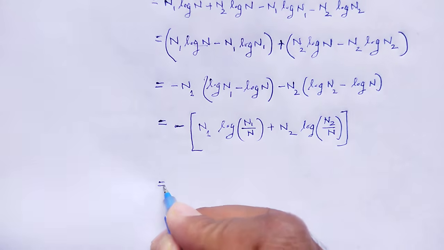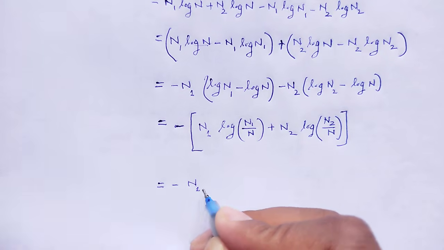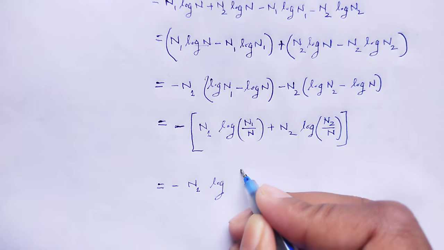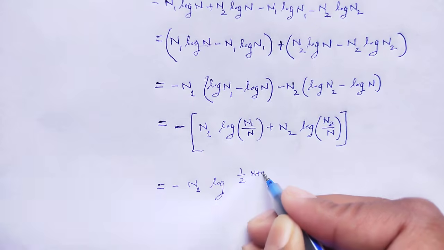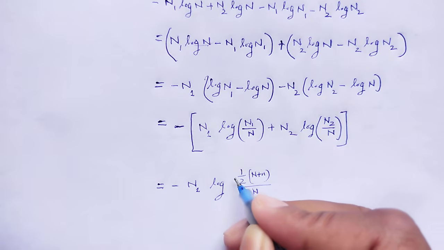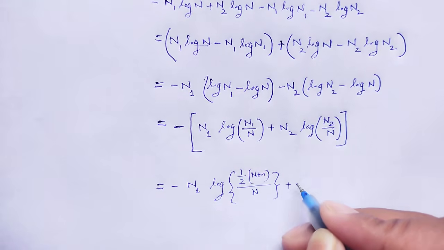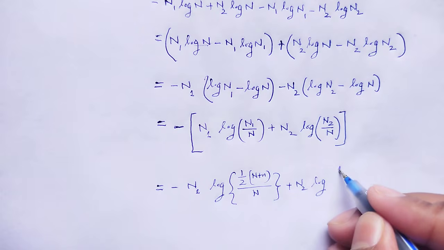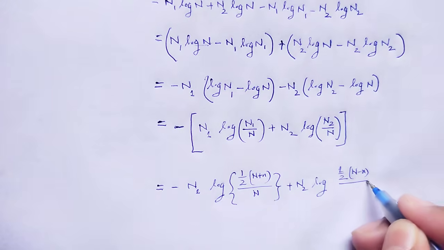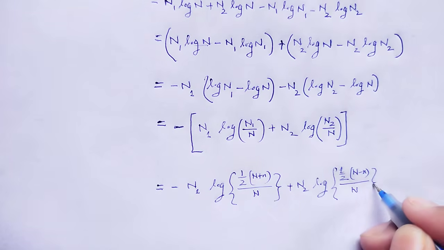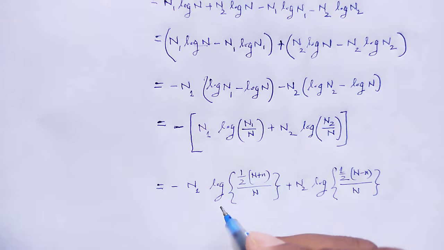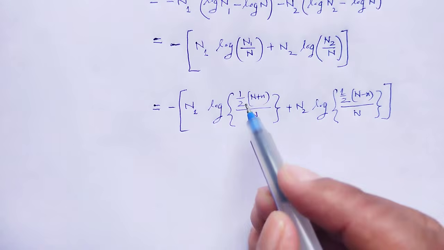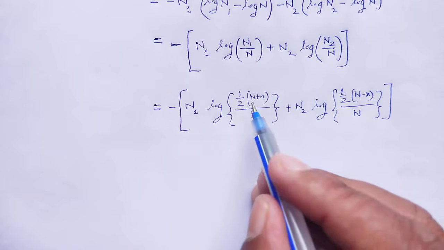Is equal to minus n1 log, in place of n1, that is half n plus n divided by n, plus n2 log, in place of n2, half n minus n divided by capital N. Next, log a by b, log a divided by log b.